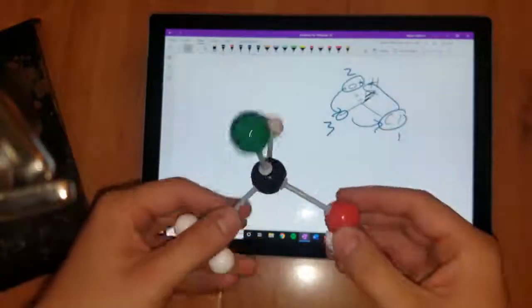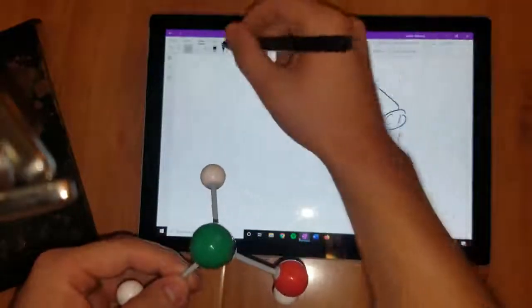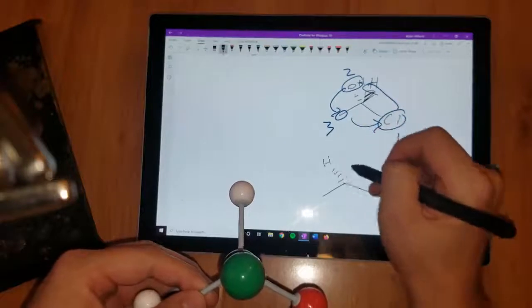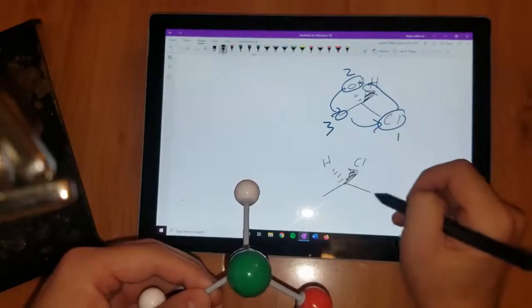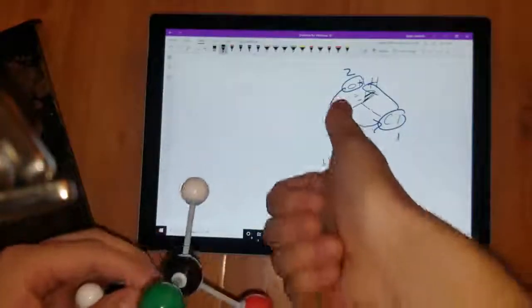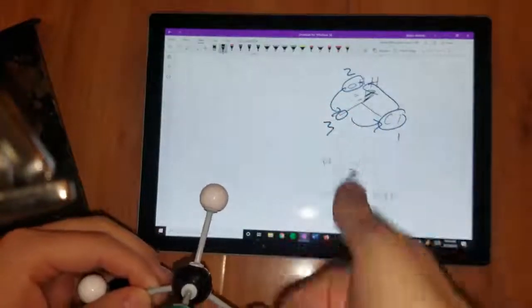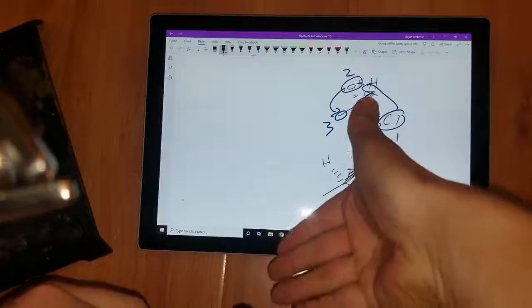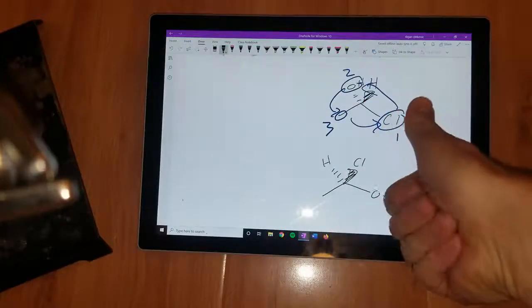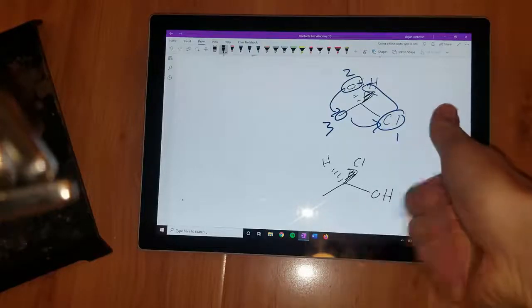And so that's with the hydrogen pointing out. Another one could be with the hydrogen pointing in. Right now the hydrogen is pointing in, so what I want to do is stick my thumb into the back of the board. If I'm sticking my thumb in the back of the board and curling my hand, I'm going methyl, chlorine, oxygen.